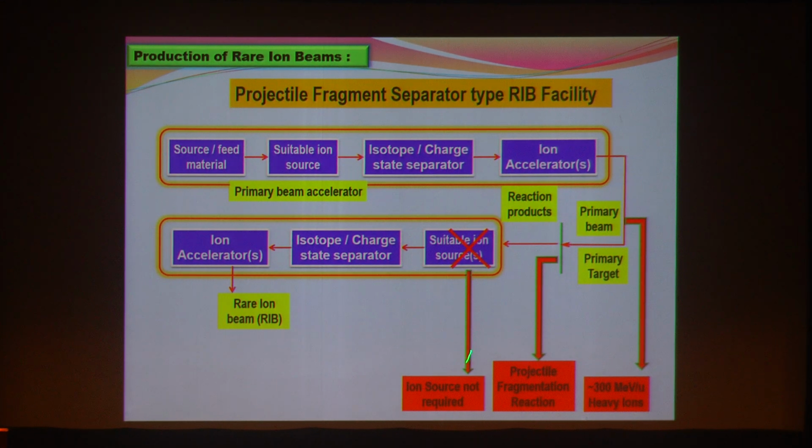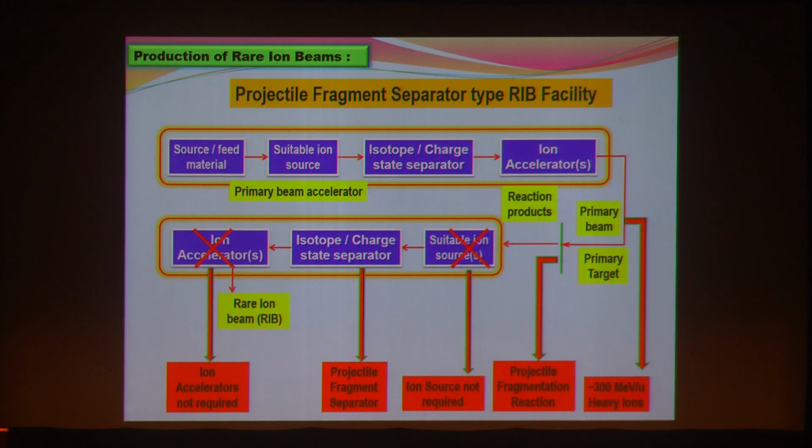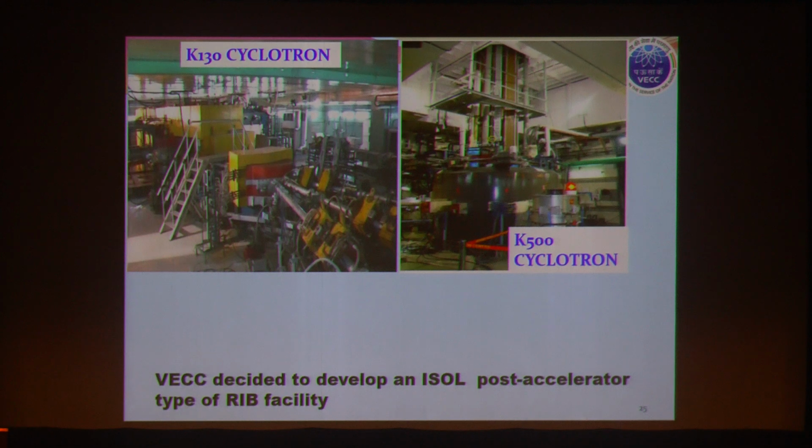The isotope separator in this case is called a projectile fragment separator. And you do not need any ion accelerators either, because the projectile fragments already have high energy, so post-accelerators are not required. These are the two ways of producing RIBs.